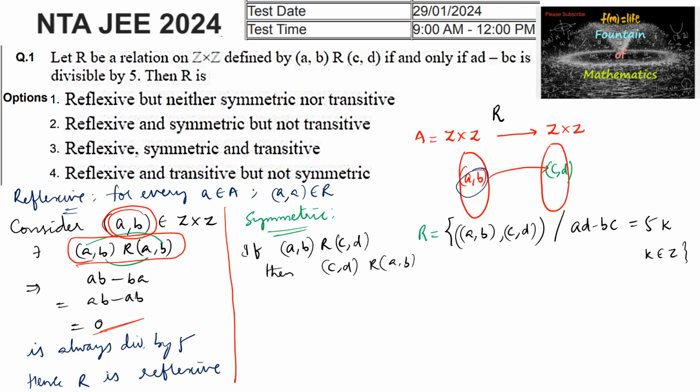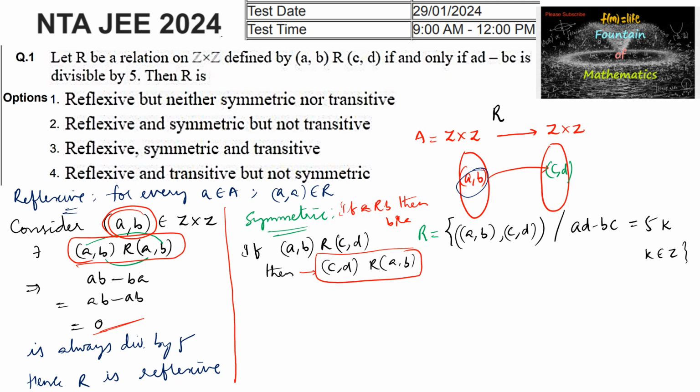Basically the definition is, if A is related to B, then B must be related to A. So here in this case (A, B) is related to (C, D), then we have to prove that (C, D) must be related to (A, B).